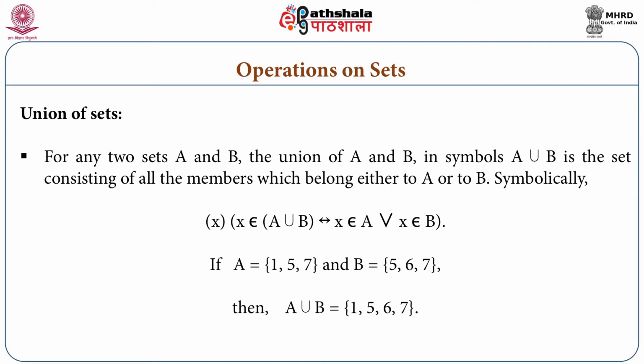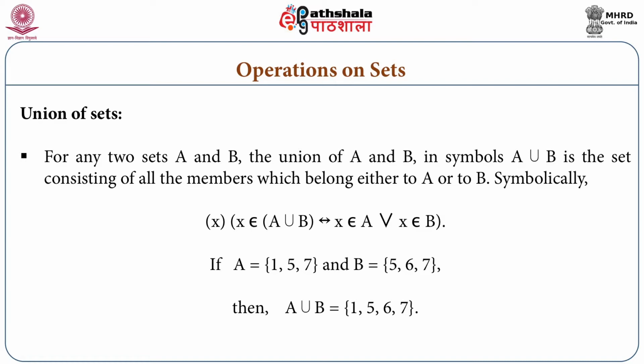Given a set A with 1, 5, 7 and B with elements 5, 6, 7, how do we define the operation of union? Simple, just list all the members which are in A or in B. 1 is a member of A, so it qualifies. 5 is a member of both A and B, so it qualifies. 6 is from B, so it is true. 7 is from B, it is true.